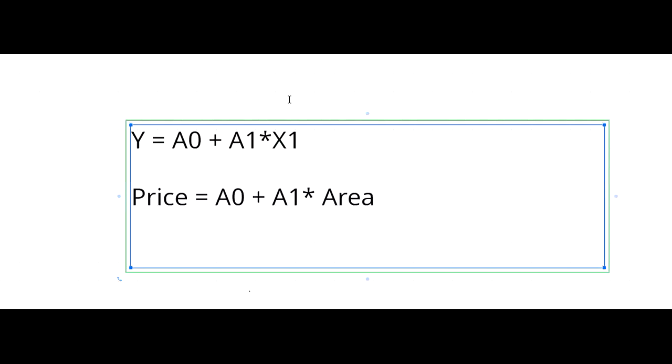So you want area squared, number of baths squared, and area times number of baths as your new variables. You want something that goes beyond linear: area, number of baths, but also area squared, number of baths squared, and area times number of baths.